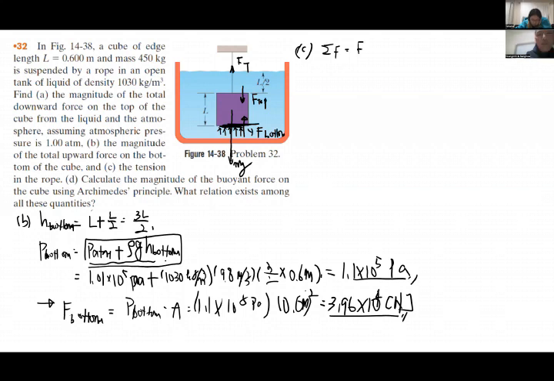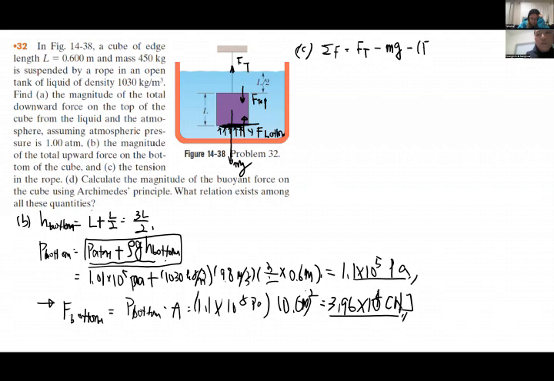If you take upward as the positive direction, then Ft minus mg, the gravitational force, and the buoyant force normally is a negative force, so you have to apply the negative sign to that.